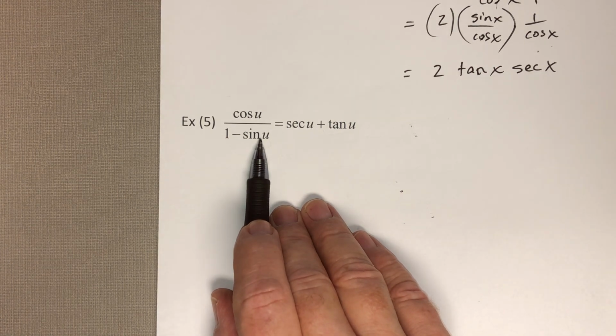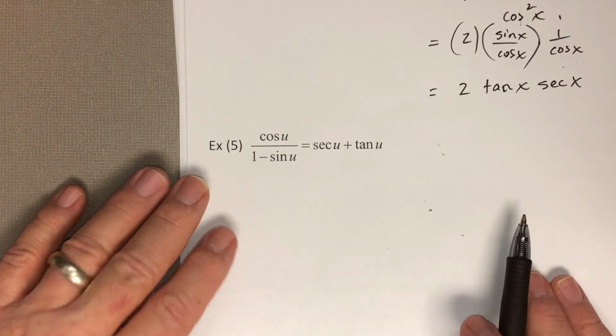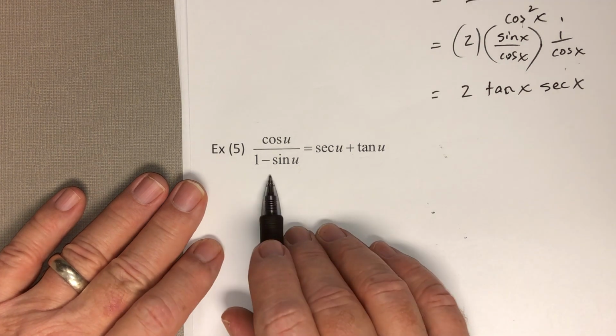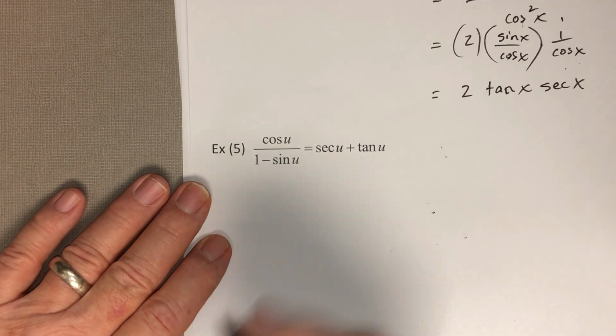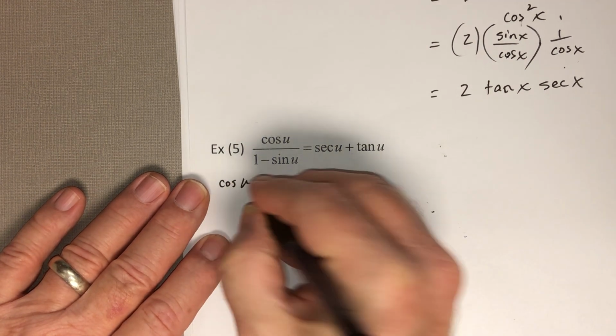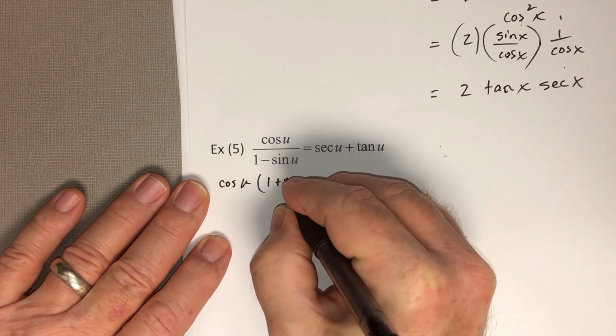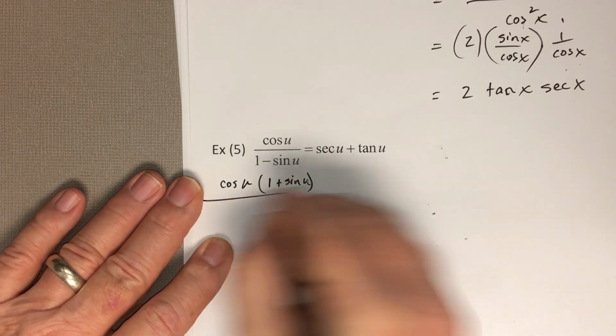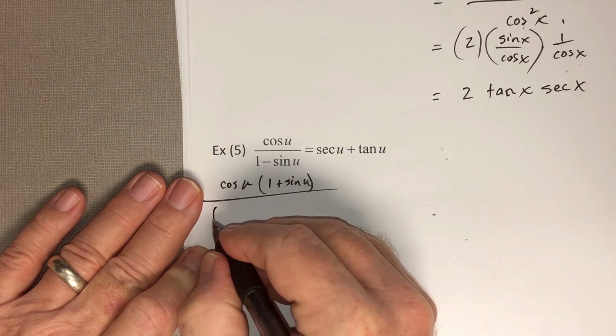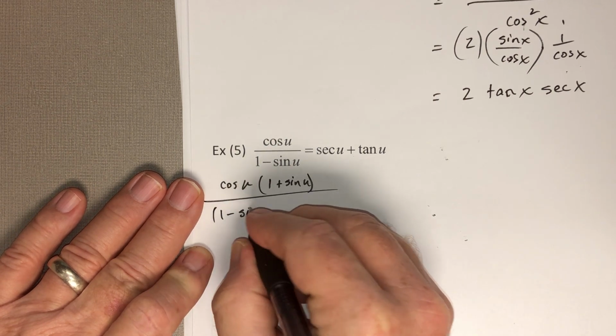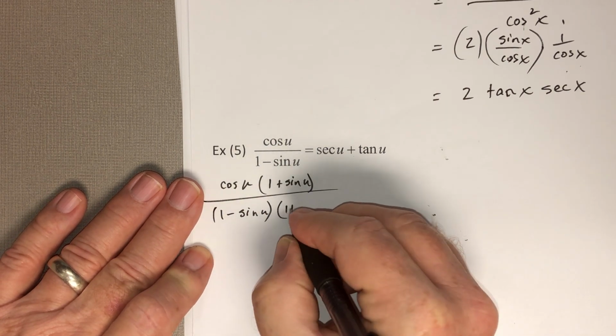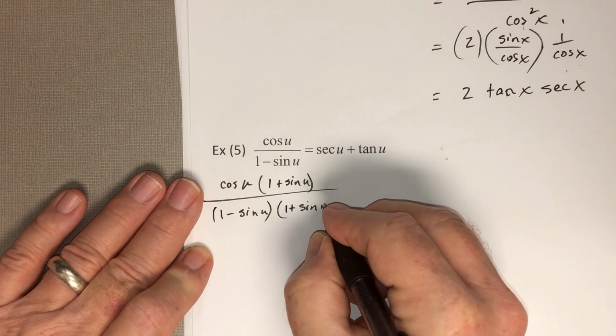So I'm going to start by, first of all, multiplying the numerator and the denominator by 1 plus the sine of u. So the cosine of u times 1 plus the sine of u divided by this current denominator, 1 minus the sine of u times 1 plus the sine of u.